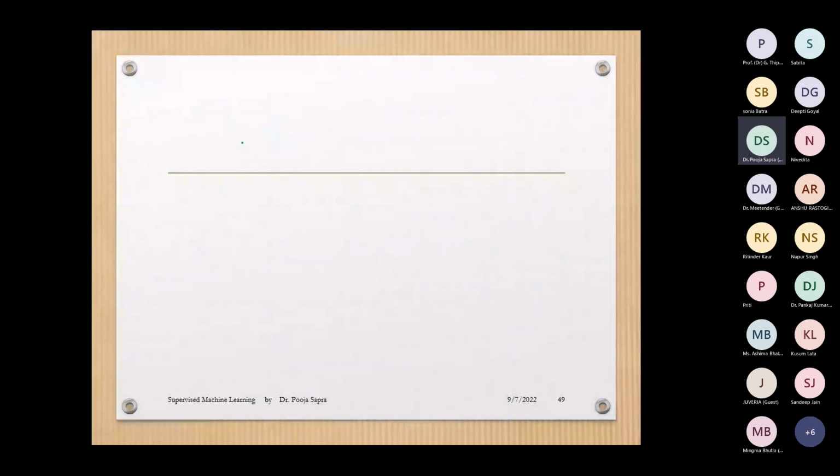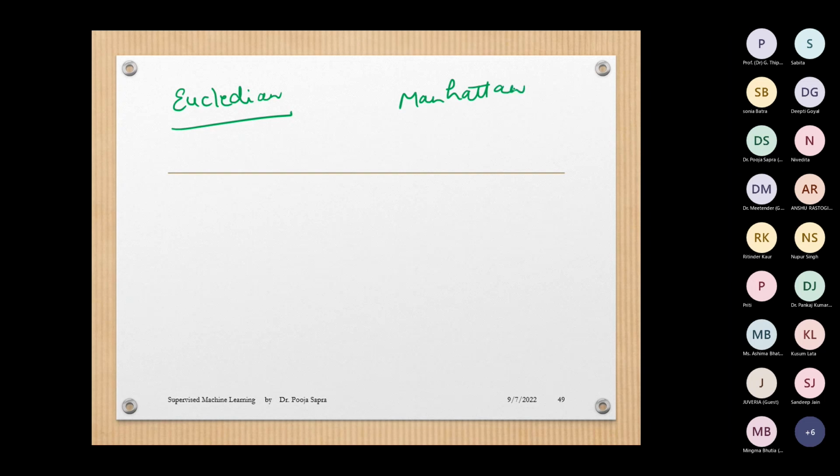Okay. So to calculate the distance, I said there are two methods. One is Euclidean distance that we have learned in our previous years. And the second is called Manhattan distance, right? Now, what happens in the case of Euclidean distance? We will take a point P1 and this is point P2 and find the distance. How to find the distance? We know the distance formula.